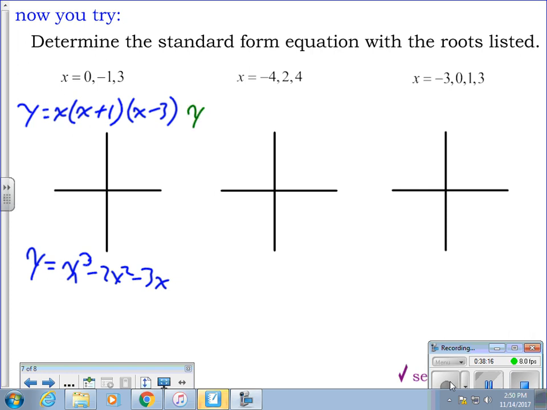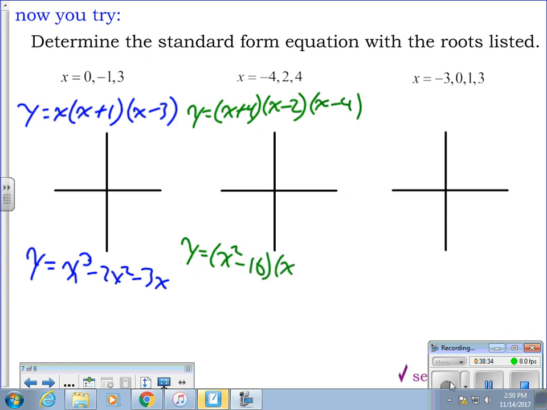Next one, y equals x plus 4, x minus 2, x minus 4. And I'm going to take a couple of steps to do this one. x squared minus 16 times x minus 2, because x plus 4 times x minus 4 gives me x squared minus 16.